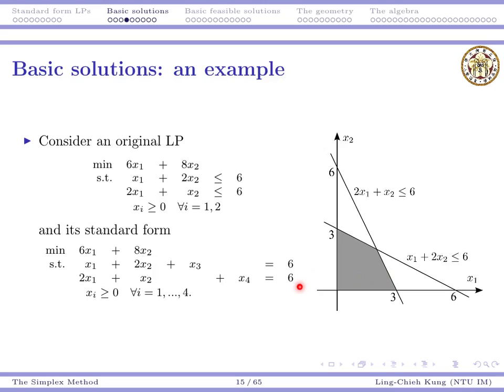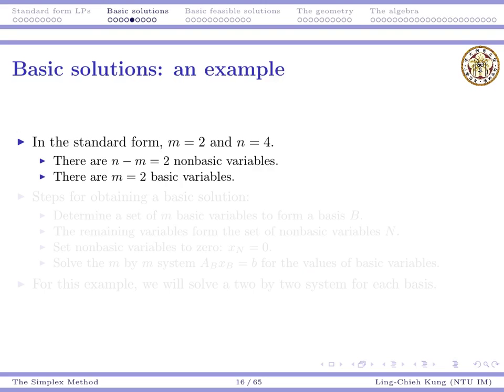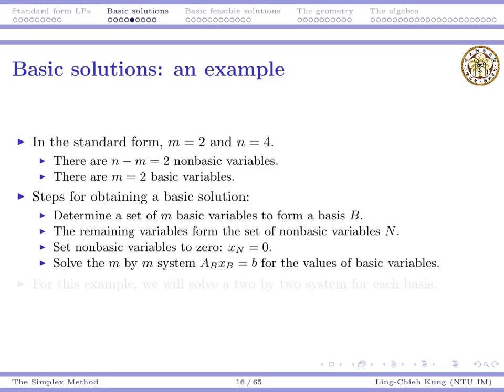Anyway, I have a standard form now. For that standard form, I have two equality constraints and 4 variables. So that means according to my formula, each time I need to select 2 basic variables to form a 2 by 2 matrix A_B. Okay? And then I have the remaining n minus m, 2, non-basic variables. So now, what are the steps for obtaining a basic solution?